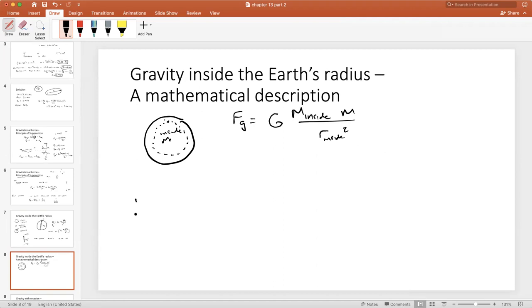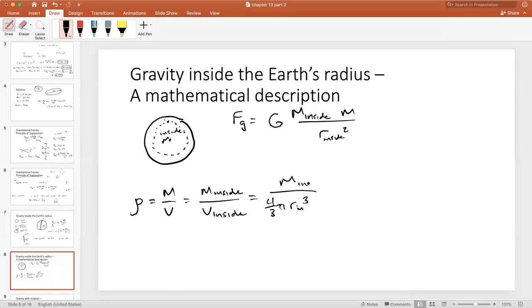So we assumed that the Earth had a uniform density, and uniform density is M over V. And that means that M inside has to be equal to the density times V inside. And it turns out that V inside, we know for a sphere, is 4/3 pi r inside cubed.